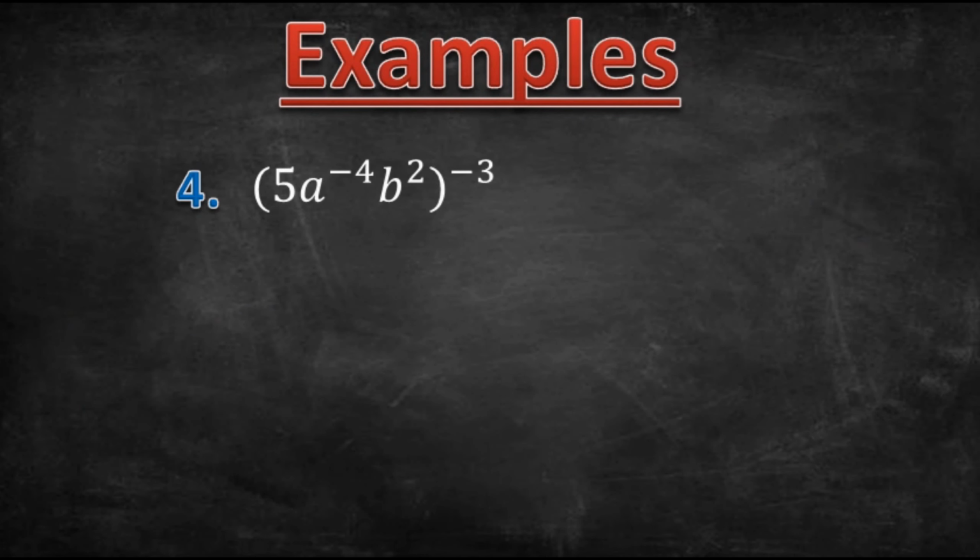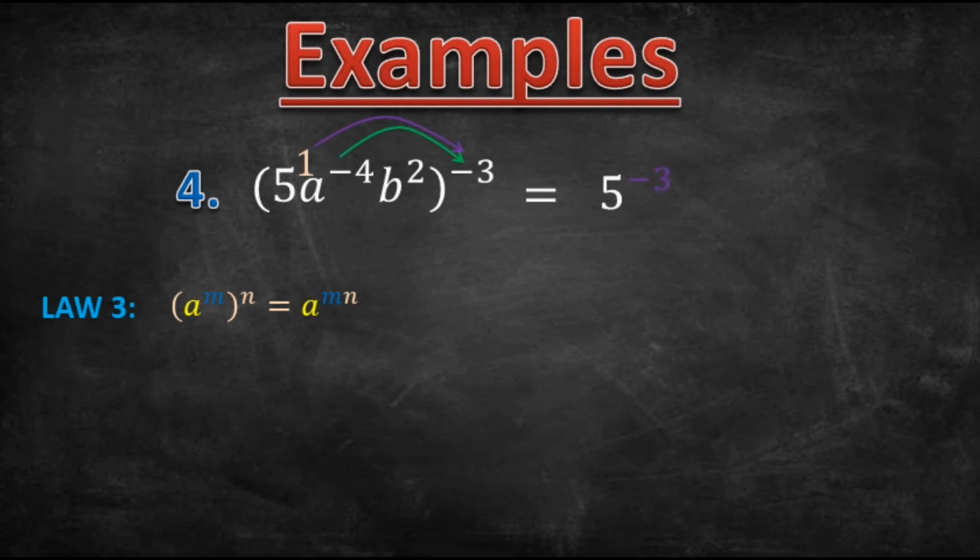Once again, we can start with either law 3 or law 6. We're going to start with law 3 in this case, just to show how one would proceed doing that. So then applying law 3, we can multiply the powers inside the brackets with the power outside the brackets. So we get 5 to the -3, a to the 12, and b to the -6.